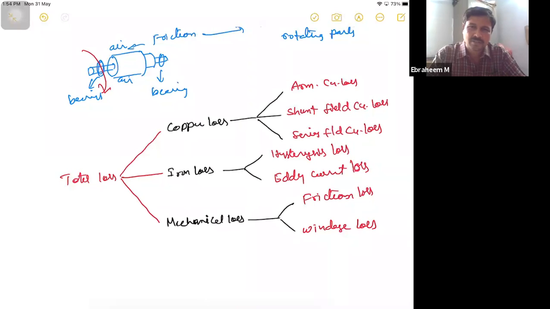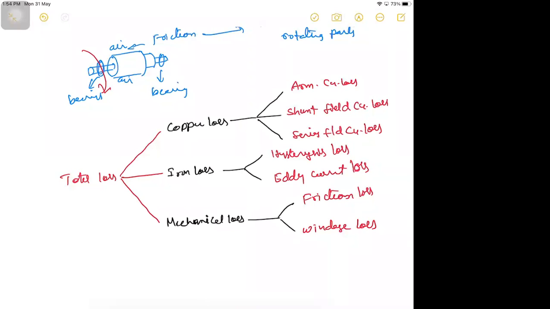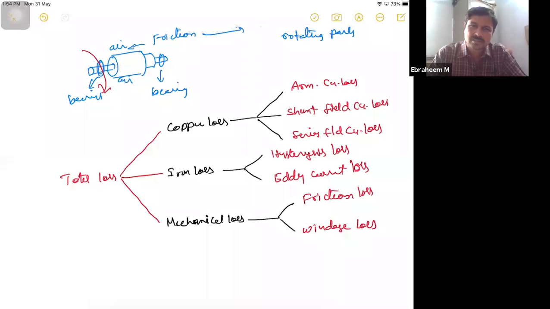Because of loose connections, the screws are loose, and the machine may move from its base. Generally we fix the machine in proper position. After fixing it, when you give mechanical energy or electrical energy, you will have different losses like this.